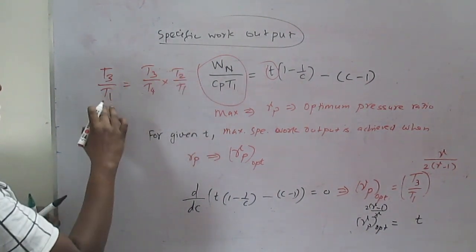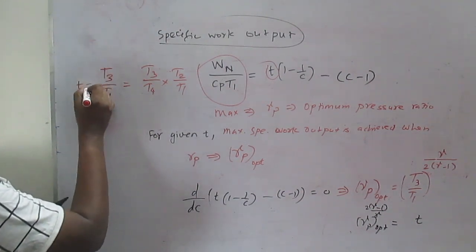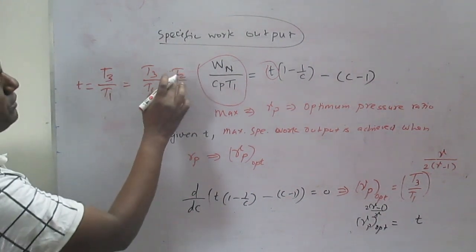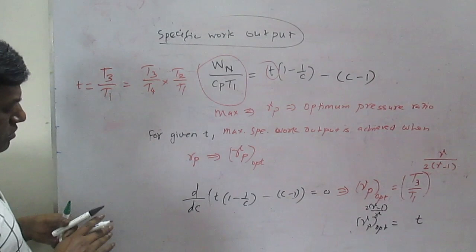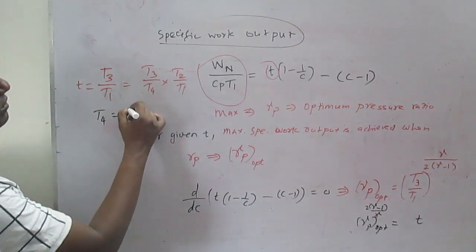This is nothing but T. If you want to have this, then T4 should be equal to T2, that is the idea. So T4 will be equal to T2.